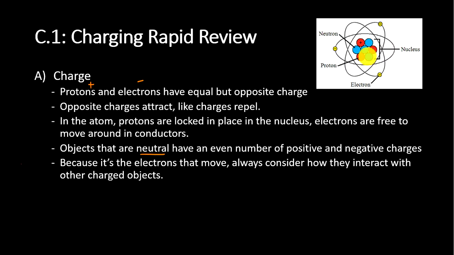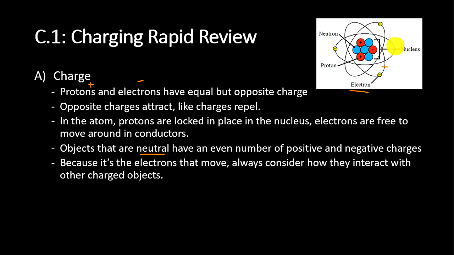They actually cannot move. And that's a key idea, because when we're talking about charging, because the protons are locked in place, we are always talking about how the electrons move. If something becomes positively charged, it's because electrons must have been taken away, leaving behind positive charges.